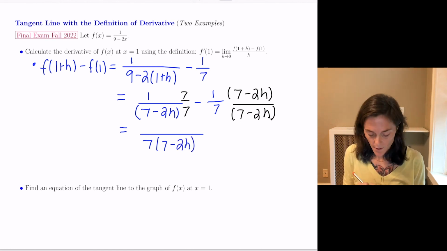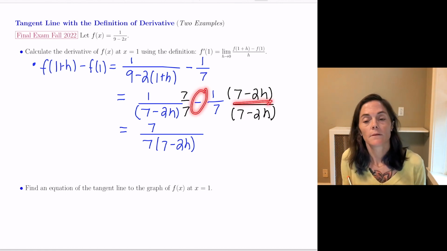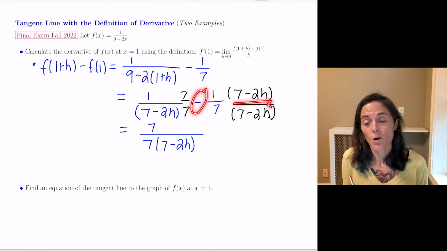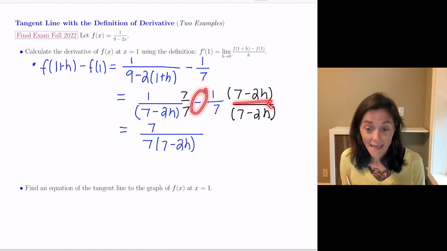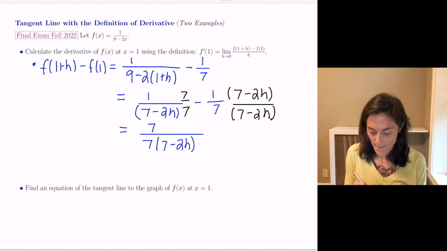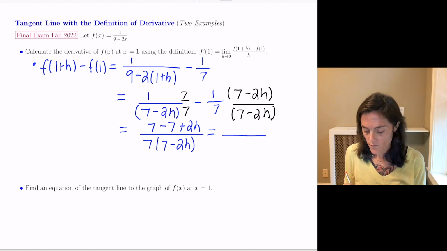Now my numerator, I have 7, and then I have minus this. So I will go ahead and distribute my negative sign, but if you want to do that in 2 steps, perfectly fine. So I have a minus 7, and then I have a plus 2h. Minus 7 plus 2h. Whoa, we are in wonderful shape.